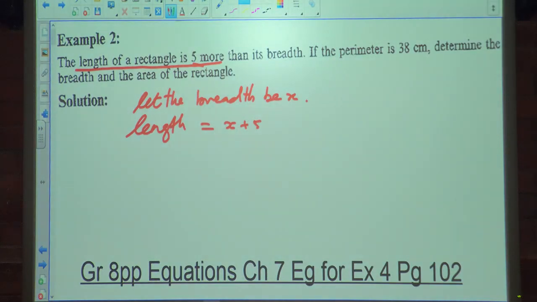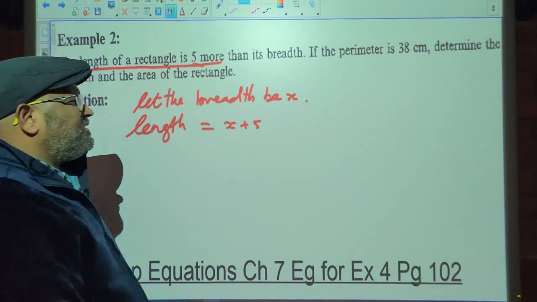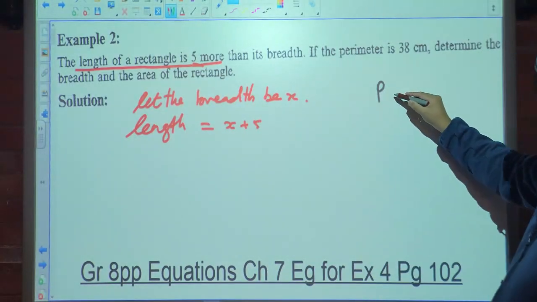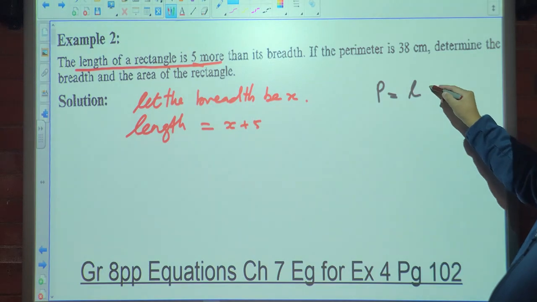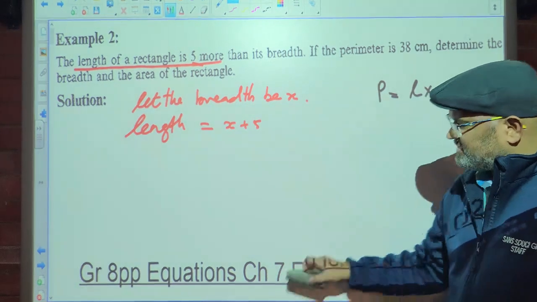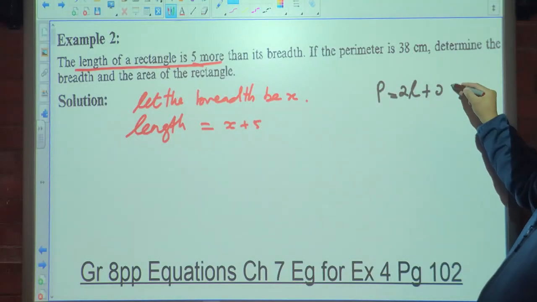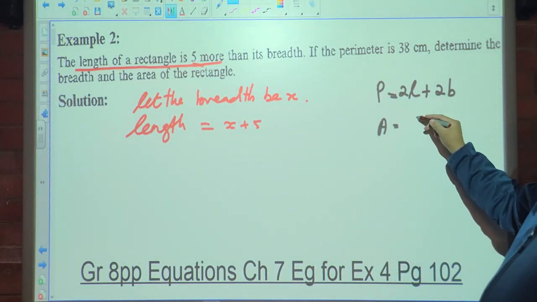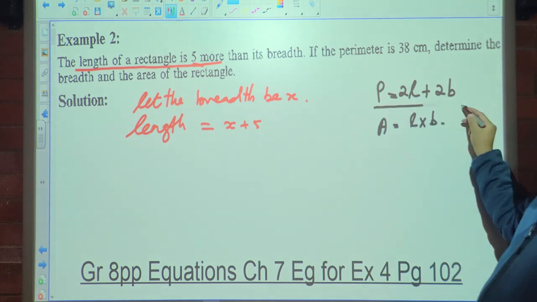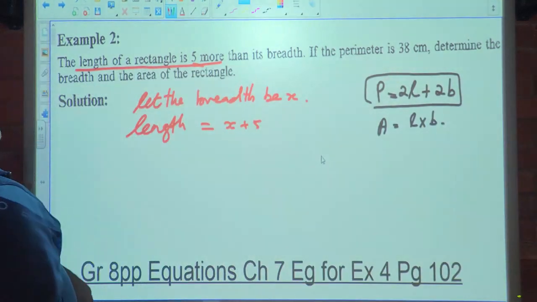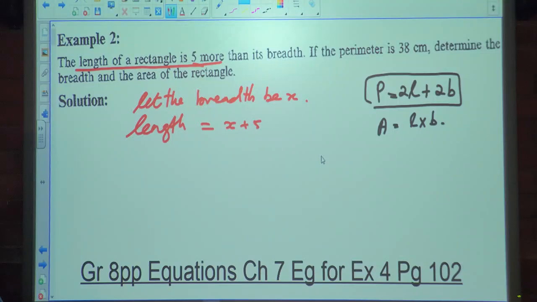Okay. If the perimeter is 38, how do we calculate the perimeter of a rectangle? Perimeter is going to be, not length times breadth, that's just area. It's going to be 2 length plus 2 breadth. The area of a rectangle is length times breadth, but that is what is in question now. So the perimeter is 38.